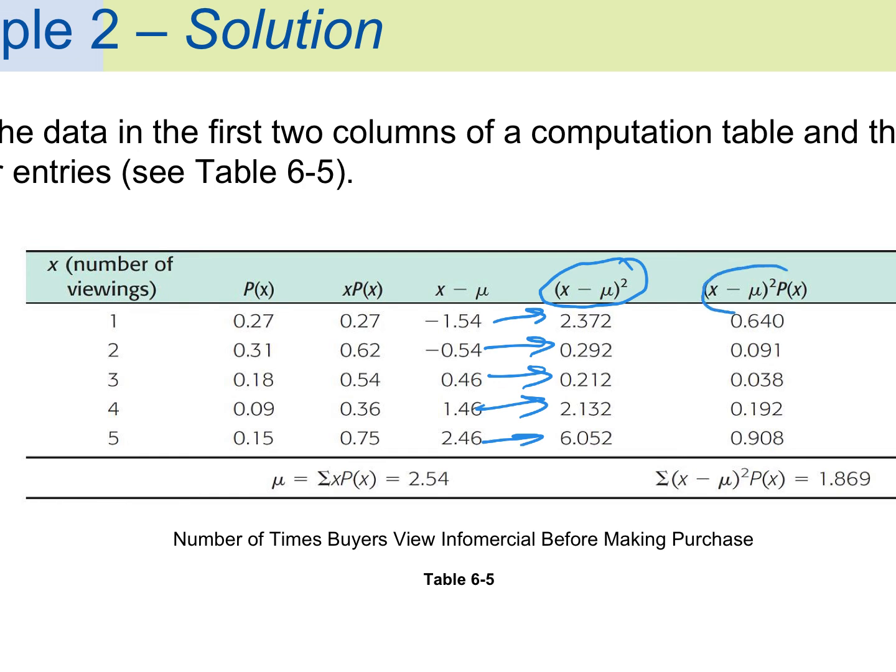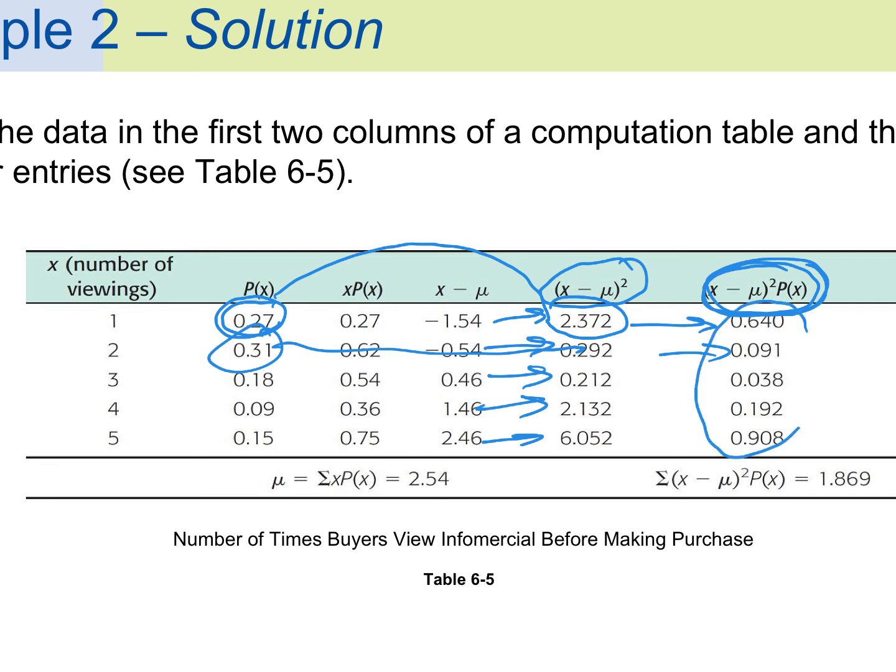And then we're going to have to take each of those squares times each individual probability again. So you're going to come back all the way here to column 2, take the 0.27 times the 2.372, and that's what you get. And then the 0.31 times that, and that's what you get, and so on and so forth. And then everybody, you're going to add each of these numbers together and get this guy right here.